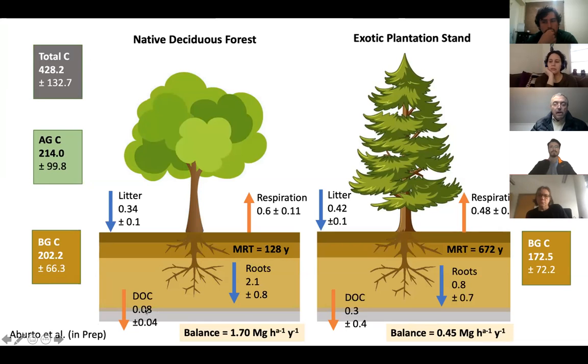In the soil, the differences are not significant, as we saw earlier. However, where there are differences is in the balances. So the balance in the case of the native deciduous forest is always more positive. So there's always a greater gain, and the gain is about 1.7 megagrams per hectare per year, while in the plantation it is 0.45.